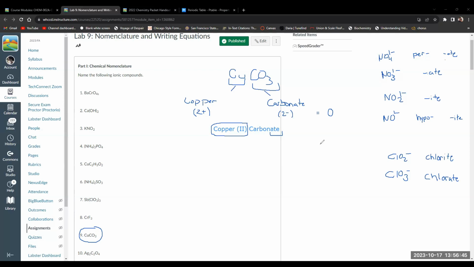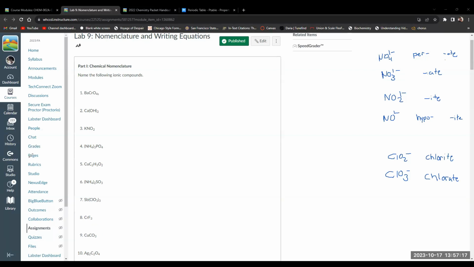Okay, let's try one more with a transitional metal, and then we can move on to the next rule. Let's try SnF4.